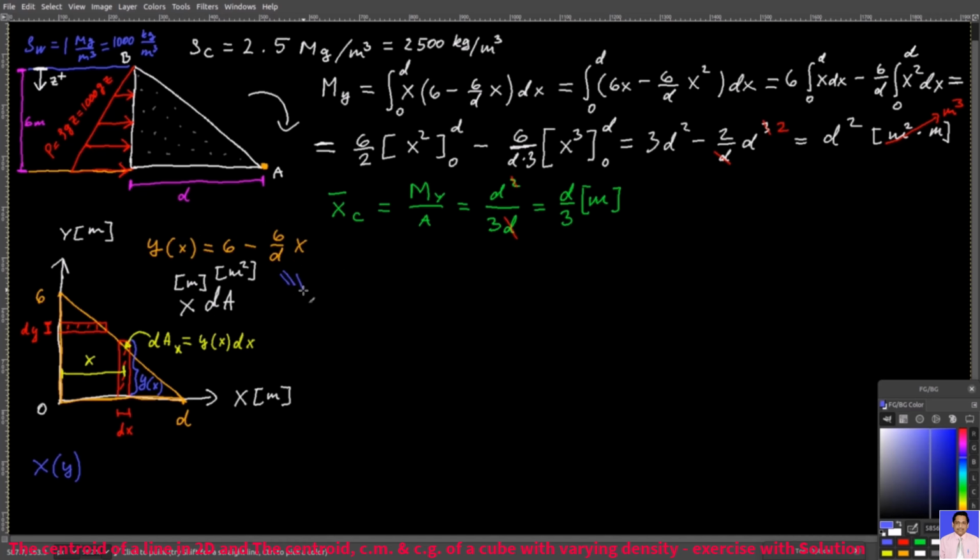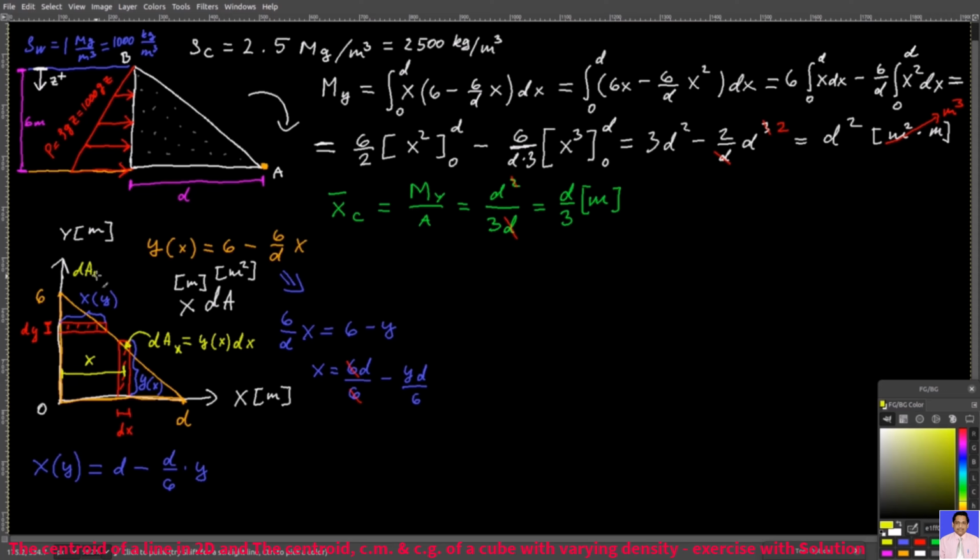So you can rewrite this function like this. y equals 6 over d times x, and then you have 6 minus y, then x equals 6d over 6 minus yd over 6. So you cancel out the 6's here, and that means that x as a function of y is d minus d over 6 times y. And that's this distance here, x as a function of y.